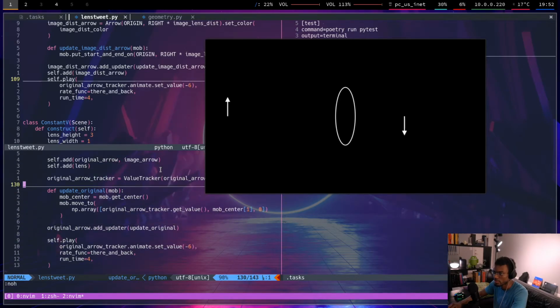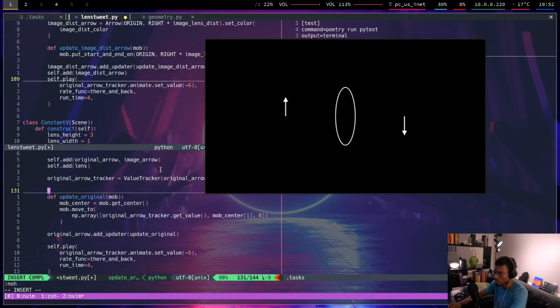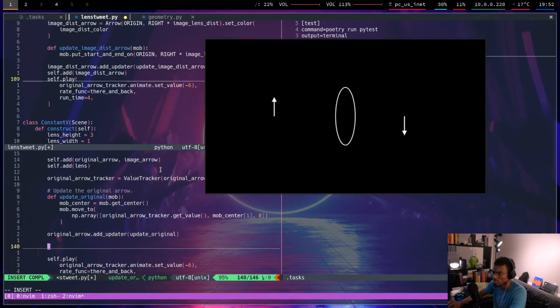So I'm going to do now, here, this is going to update the original arrow. Then I'm going to update the thickness of the lens.